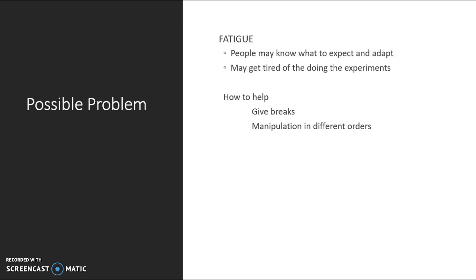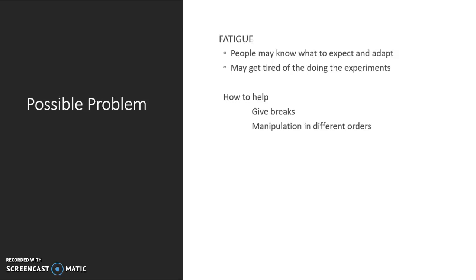But there are a few problems, and the main one is fatigue. People may know what to expect. If you are doing several experiments with the same group of people over and over again, they may start to be able to predict what is coming and adapt to that.